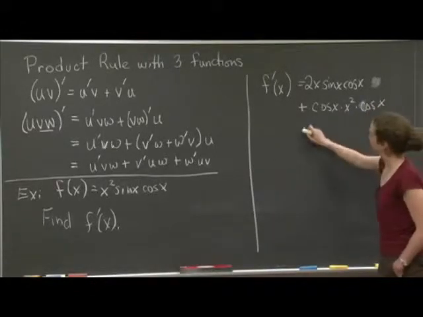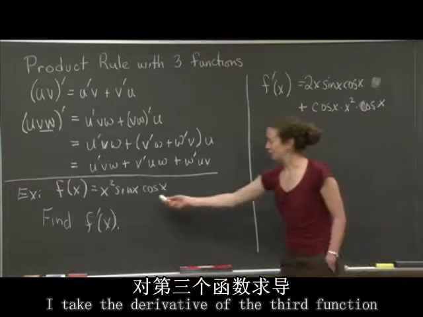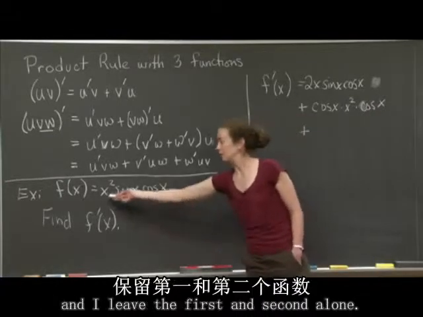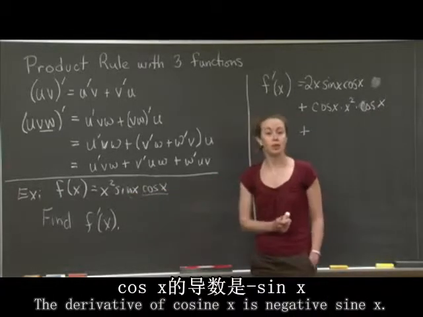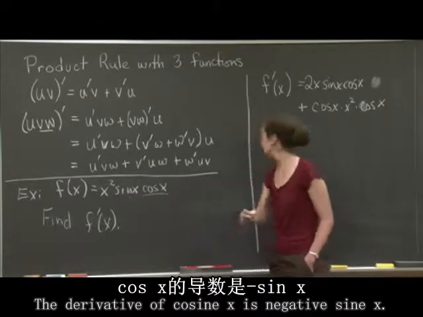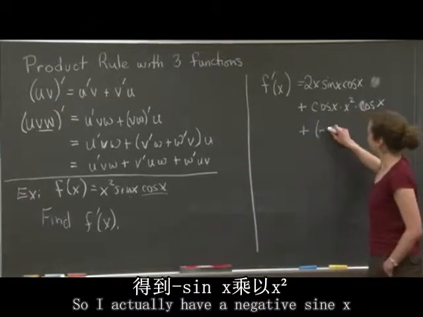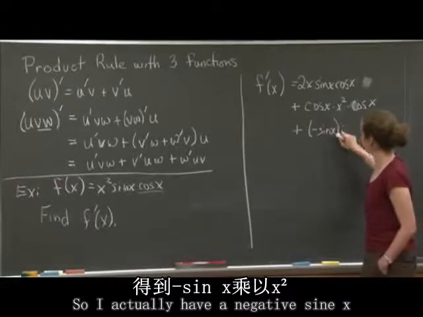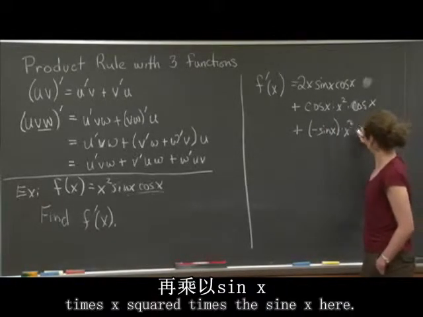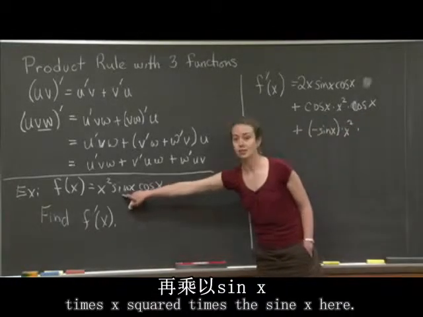And then the third term, I take the derivative of the third function, and I leave the first and second alone. The derivative of cosine x is negative sine x. So I actually have a negative sine x times x squared times the sine x here.